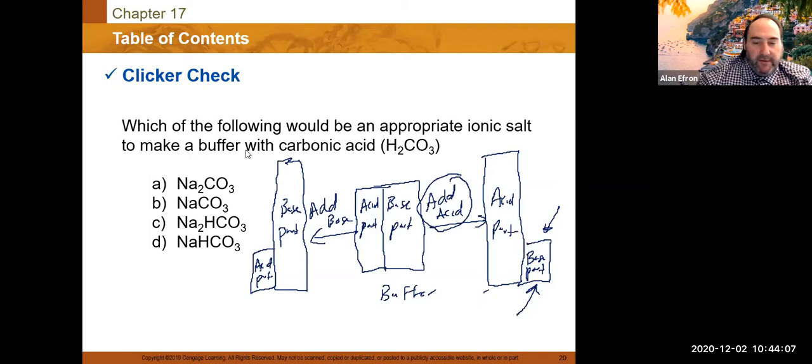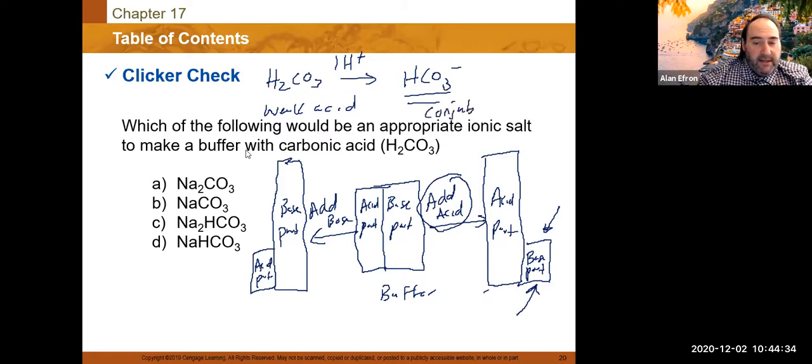So, which of the following would be an appropriate salt to make this buffer? So we have carbonic acid, which is a weak acid, so we would want its conjugate base. Remember that the difference should only be 1 H+, right? If this is an acid, it's going to donate its H+, and we would end up with something that looks like this as its conjugate base.